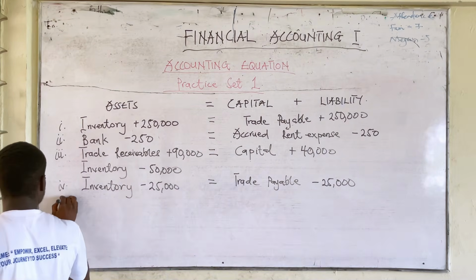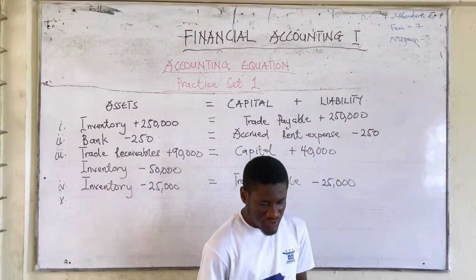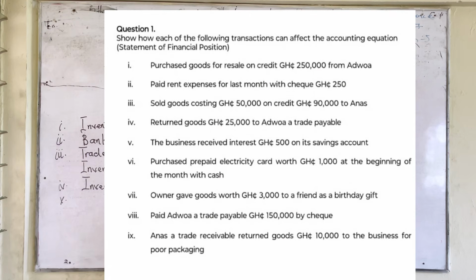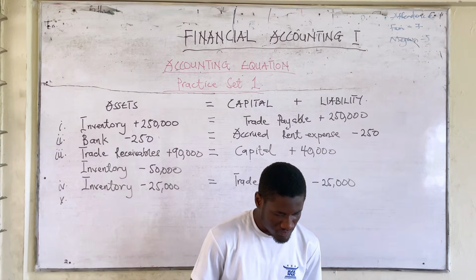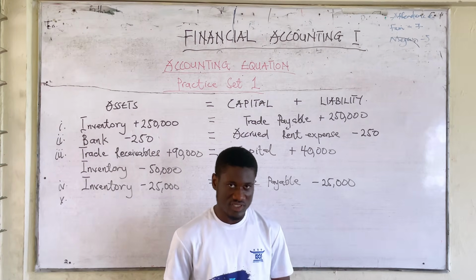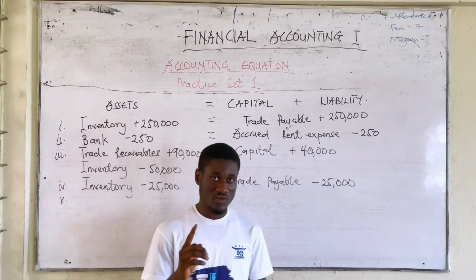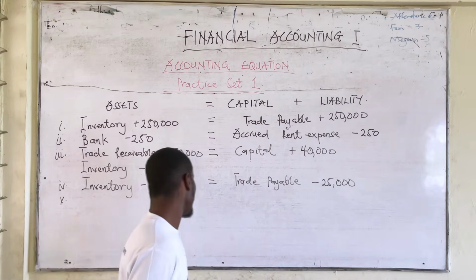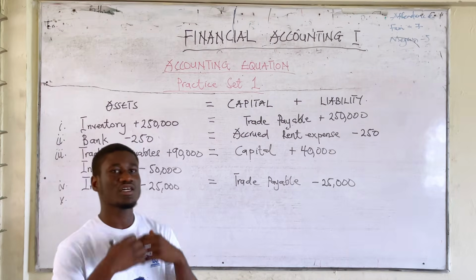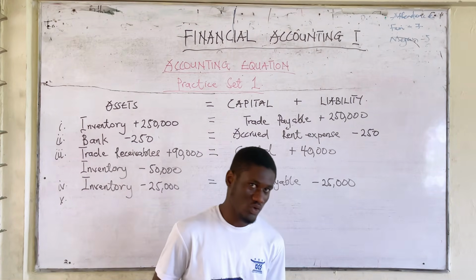The business received interest of 500 on its savings account. Good. So now the question here is the business received interest on its savings account. So this one is very tricky to know the account involved, but it's not that tricky. Good. So we have to know that if the business receives an amount, it's a capital injection into the business.